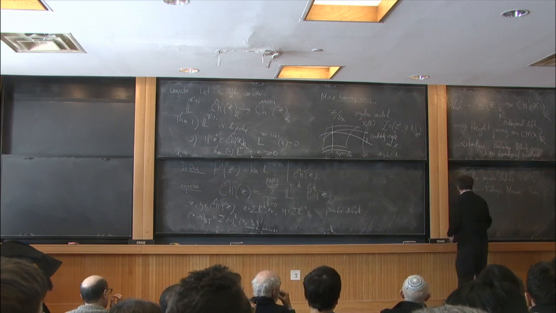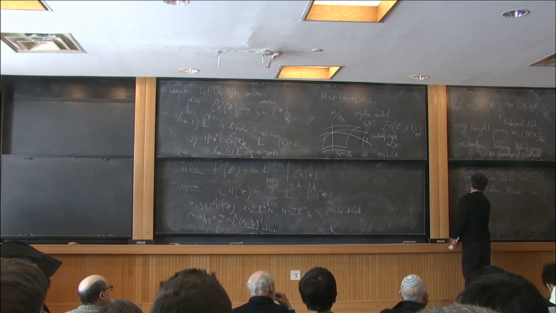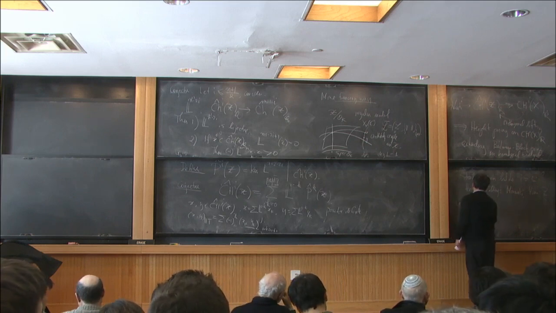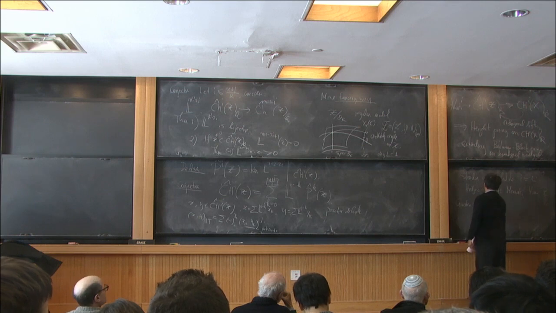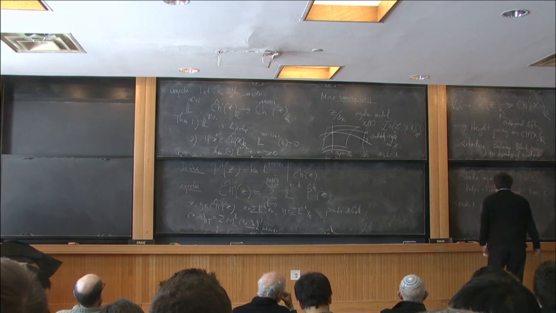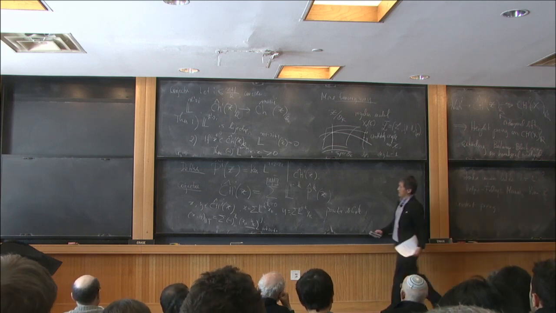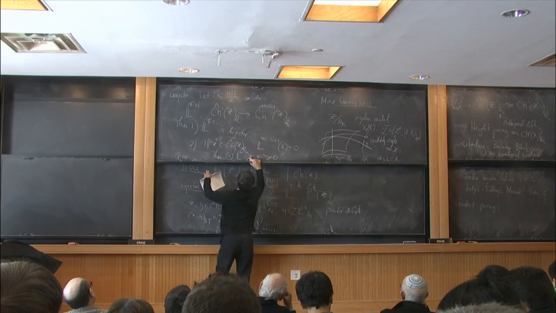So I just construct this one for you. Let's construct. Now I want to construct the pairing. I really want to construct it for any M. So this is what we're going to do, the following way. Let's write the theorem.